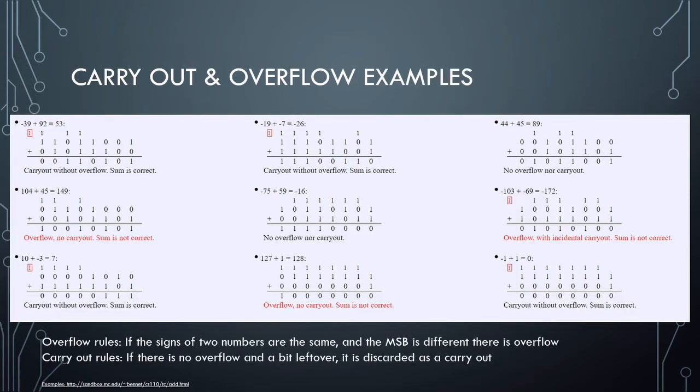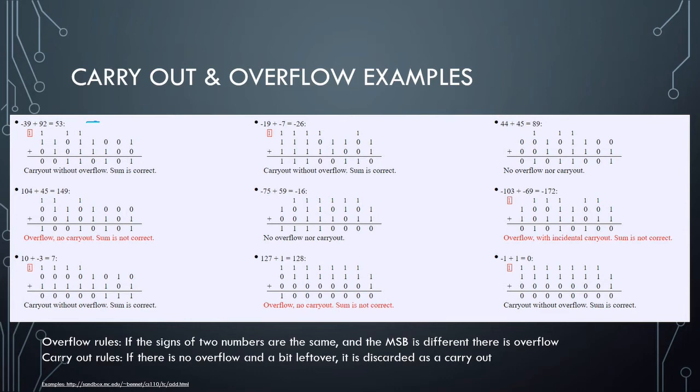So the first thing we want to look for is an overflow, and if an overflow isn't happening, we'll know it's a harmless carryout. So looking at this first example over here on the top left, we're adding a -39 and a 92. So the signs of the numbers are not the same.